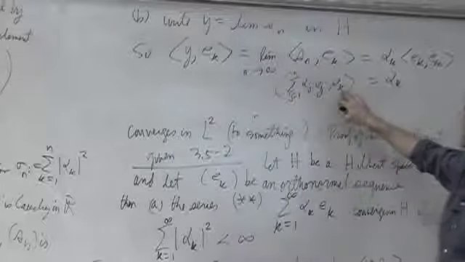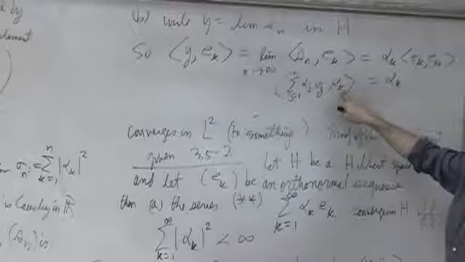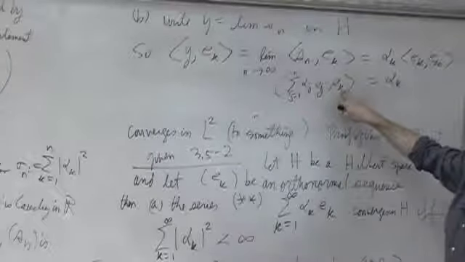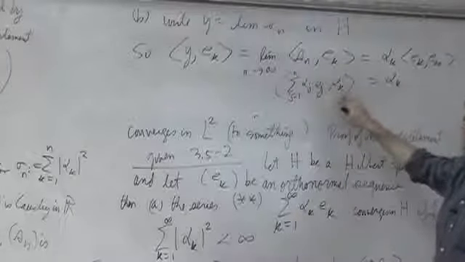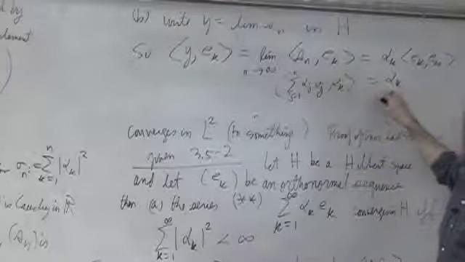When I actually do that, assuming that n is big enough that it's past k, which I can always do because I'm fixing k and letting n go to infinity, then compute this. This simply comes out to be alpha k. All right? By orthonormality. So, you're done.